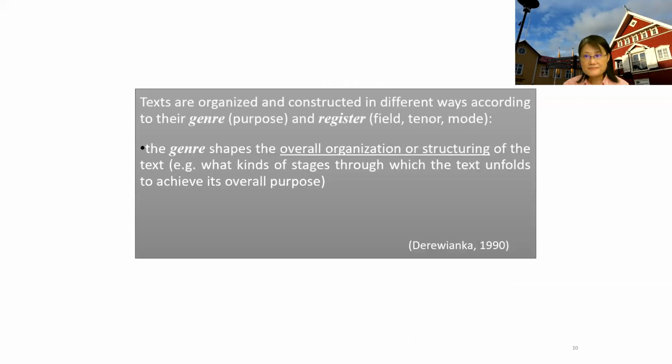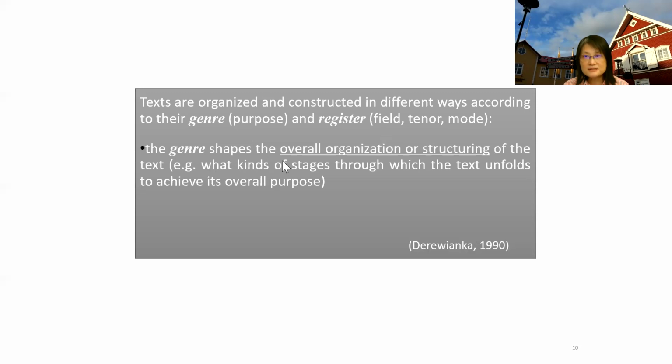So Professor Dara Rienker from University of Sydney, she talks about texts are organized and constructed in different ways according to their genre, the purpose, and register. That is, what is the content field? What's the social relations between the reader and writer, and the speaker and listener, and the written mode or spoken mode.